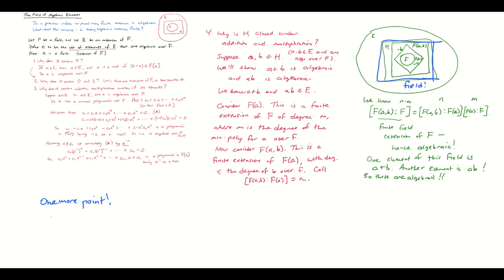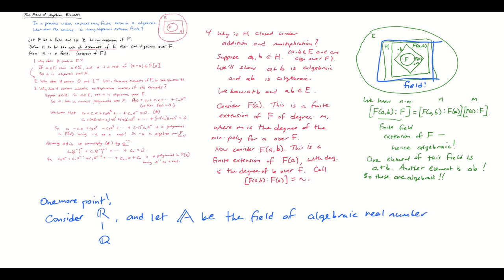Okay, well, consider the field of real numbers as an extension of the rationals, and let, I don't know if there's an official name for this, I'm going to call it boldface A, let A be the field of algebraic real numbers. And by algebraic, I mean algebraic over Q.